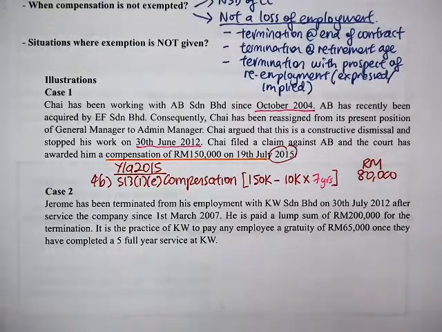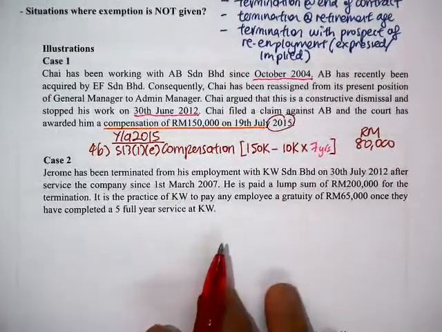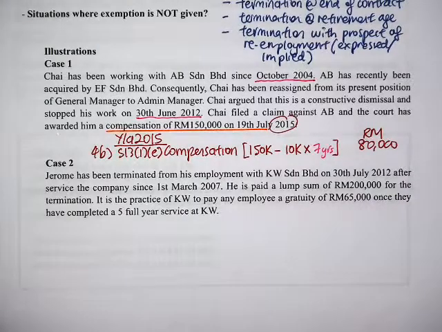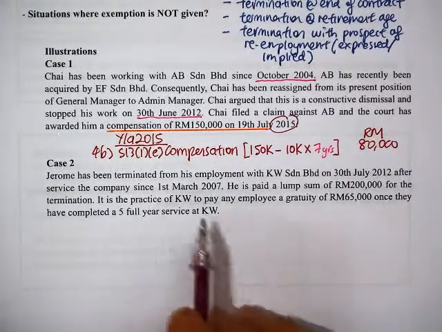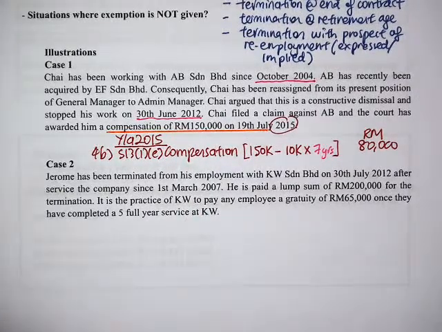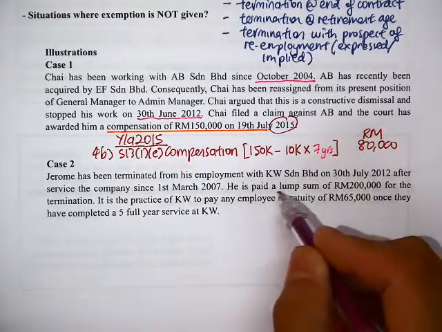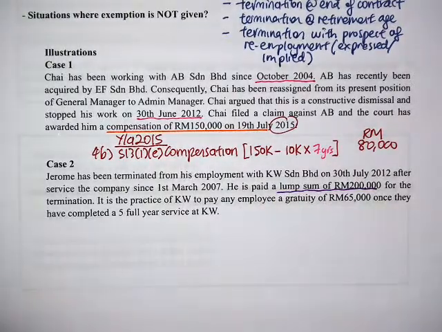Okay. Now Jerome has been terminated from his employment with KW on 30th of July 2012 after serving the company since 1st of March 2007. Now he's given a lump sum of 200,000 for the termination.